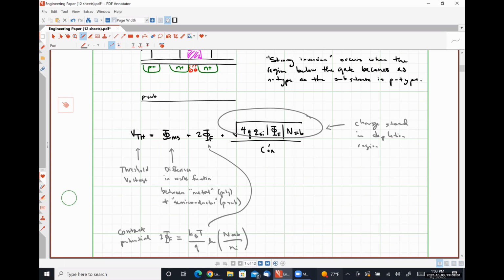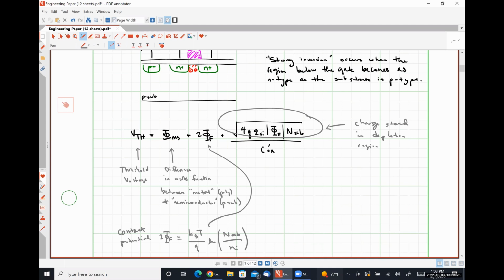So this tells us what size of voltage we have to apply to overcome all of the different things and force strong inversion to occur, all right? So this is where our threshold voltage number comes from.